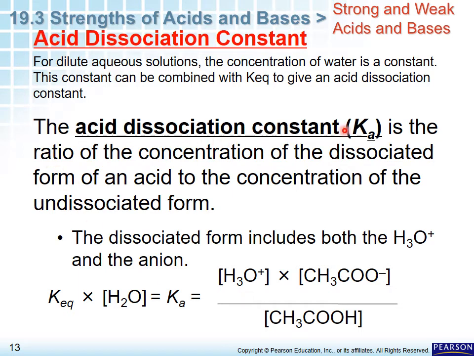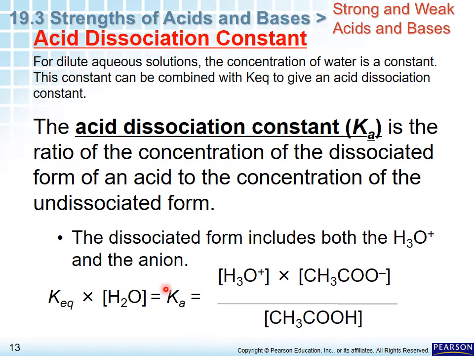So the acid dissociation constant Ka is the ratio of the concentration of the dissociated form of an acid to the concentration of the undissociated form, which is this. The dissociated form includes both the hydronium ion and the anion. So the expression of Ka will be like this: the hydronium ion times the acetate ion over ethanoic acid.